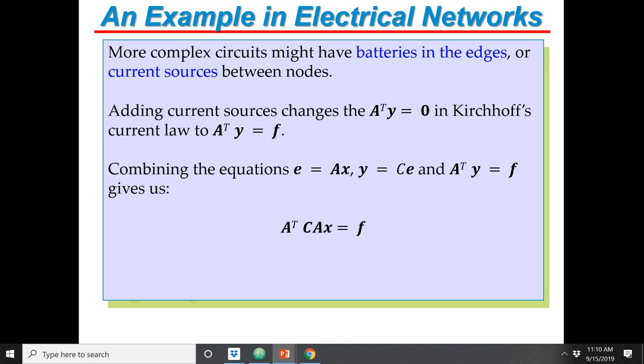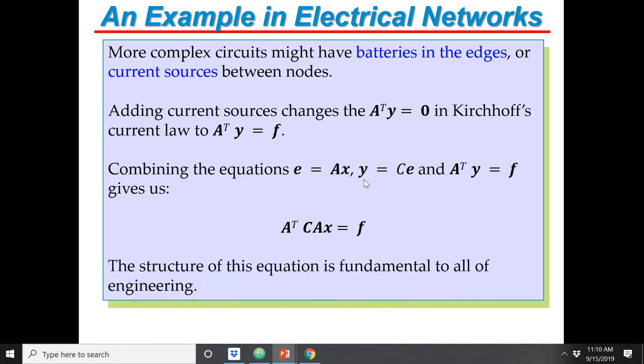It's going to come up all the time, and as a matter of fact, in case you forget, just take the matrix C temporarily to be an identity matrix, and you can immediately see the matrix A transpose A showing up here, and A transpose A will be our fundamental matrix when we discuss least squares methods. Okay, so it's just amazing that somehow the structure of the graphs has been able, with simple equations, to identify this general form that, as I said, is fundamental to many problems in engineering and the sciences.